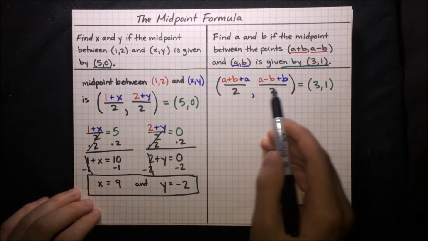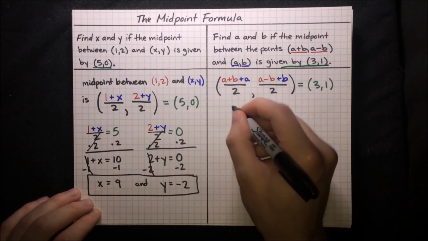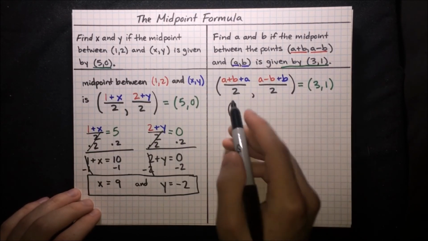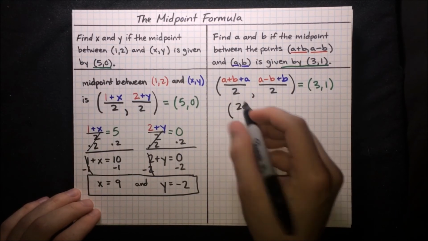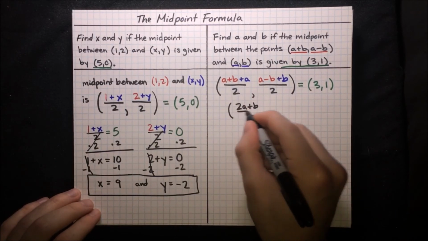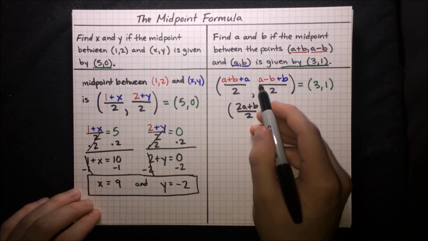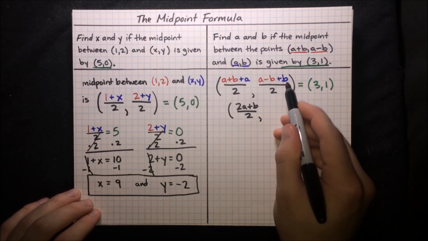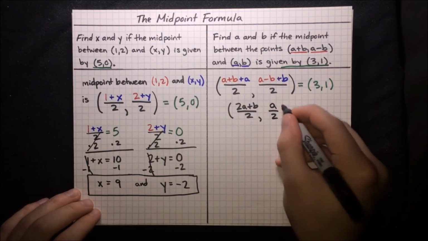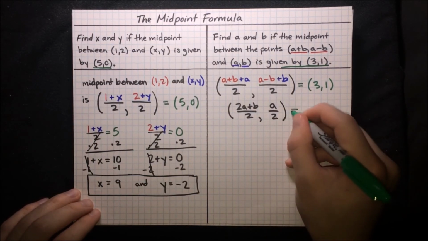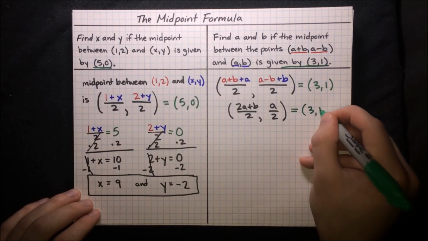And we can actually simplify this a little bit. The first component here, a plus b plus a over 2, well, a plus a is just 2a, and then plus b, and then that's over 2. And then the second component, a minus b plus b, the minus b plus b cancels, and we just have a over 2. So that midpoint has to be equal to 3, 1 still.